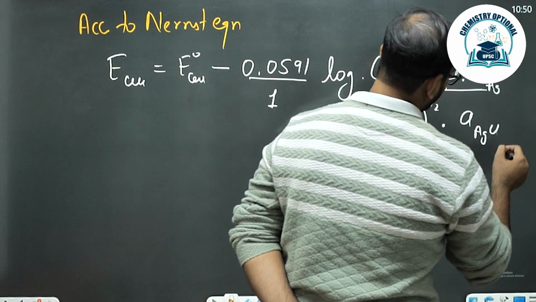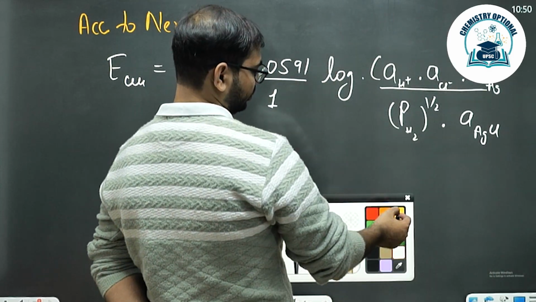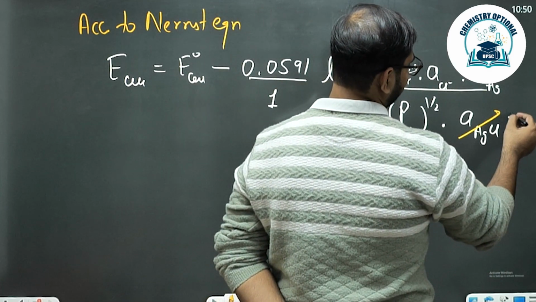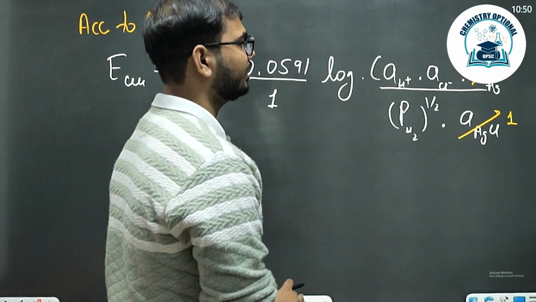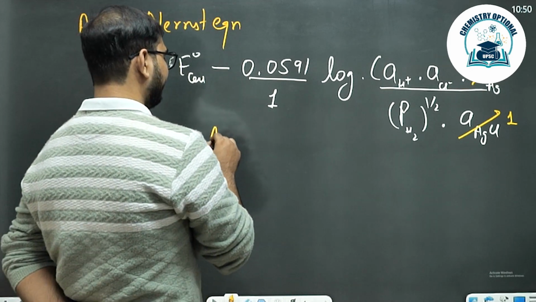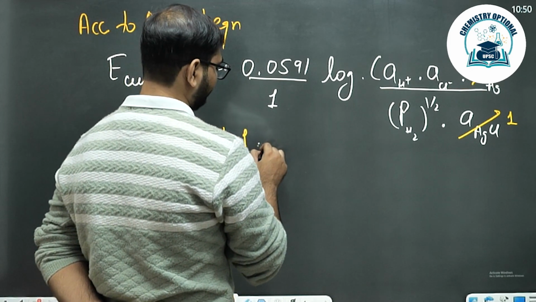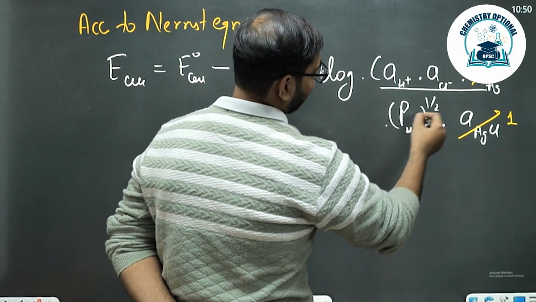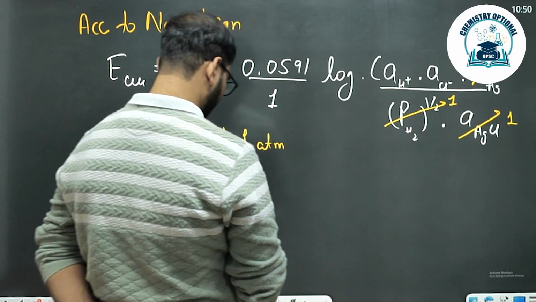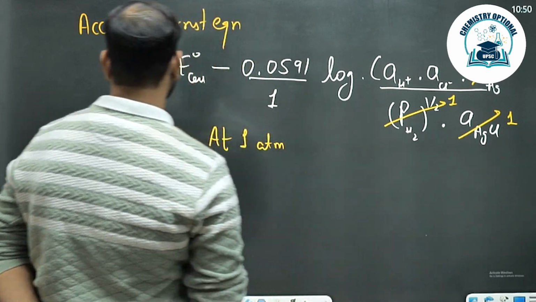For solid species, the activity always equals 1. So this value will equal 1 and this value will also equal 1 because both are in solid state. Now at 1 atm pressure, which we can control easily, this P will also equal 1. So in the final equation, what am I left with?